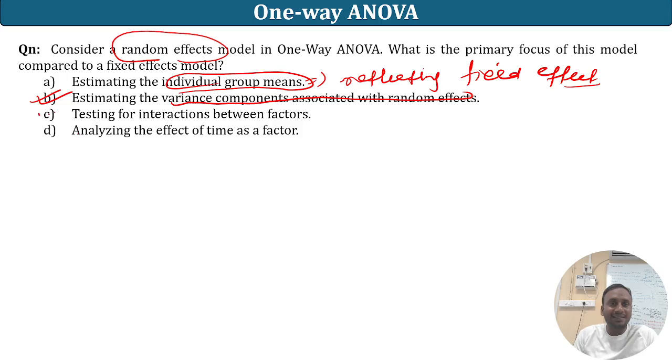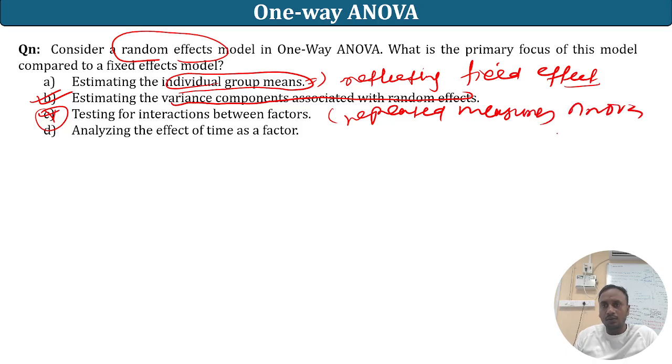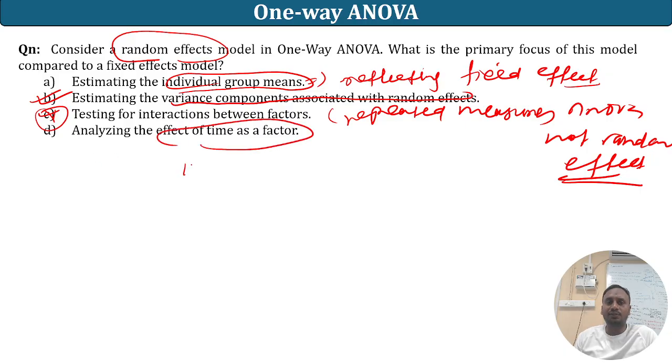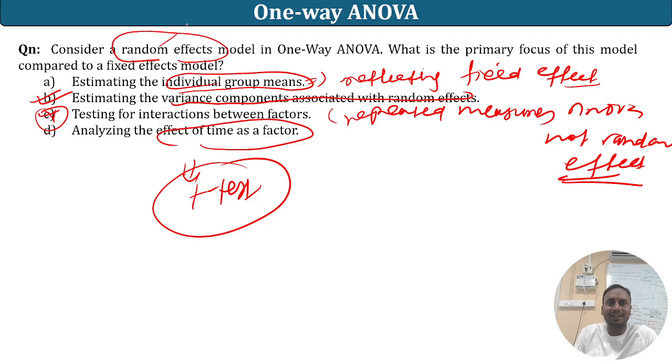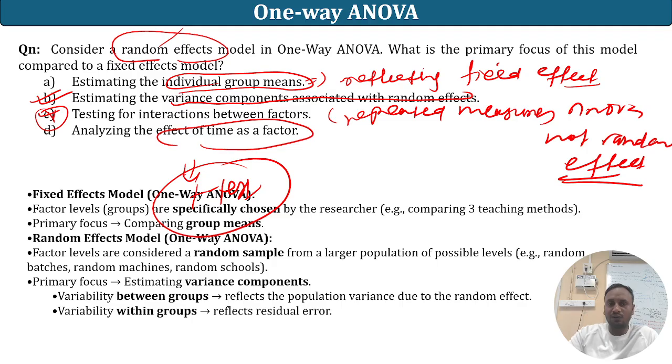Testing for the interaction between the factors? No, this is for repeated measure ANOVA, not the random effect. The effect of time as a factor would be a t-test. And this is not related to anything random. I think this is also clear.